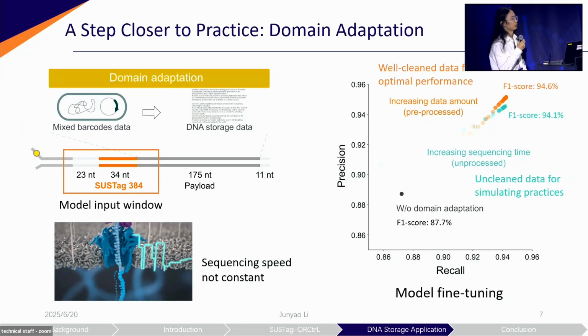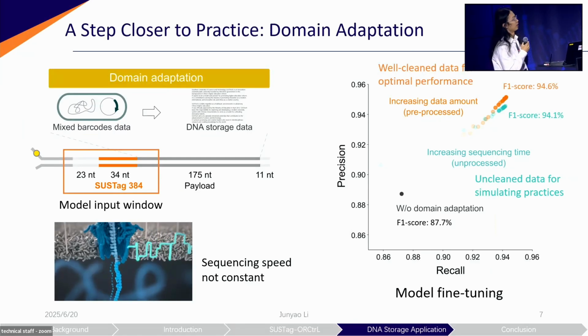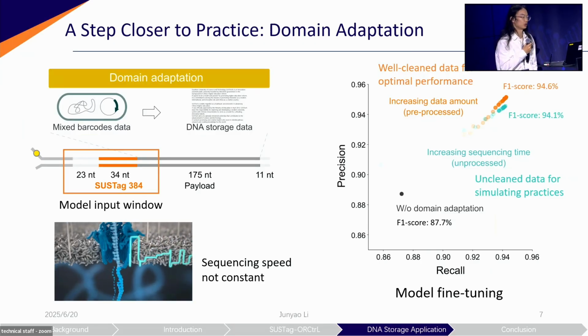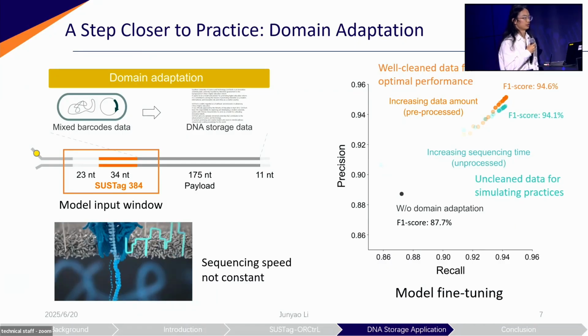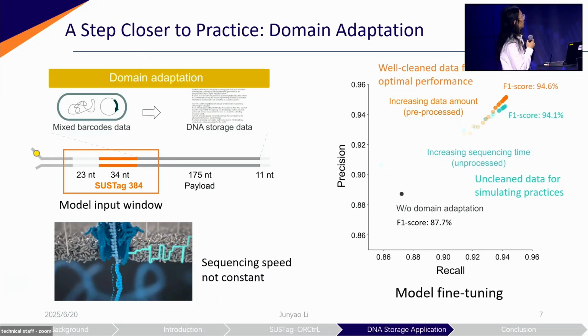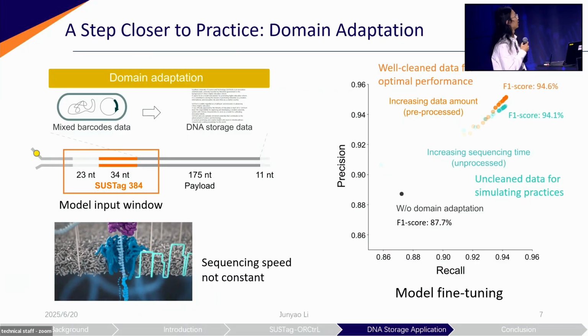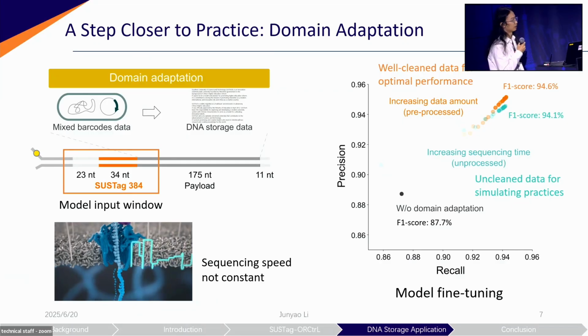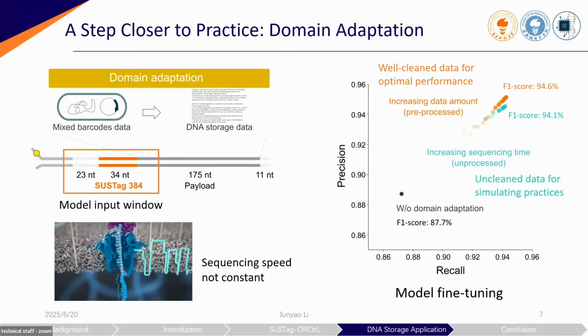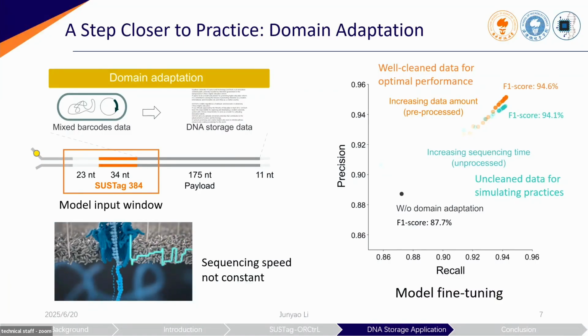Models pre-trained in the laboratory must be applied to real-world applications. This brings us to the key challenge, domain adaptation. Because the sequencing speed is not constant but the input window of our deep learning model is a fixed length, the model sees not only the tag signatures we designed, but also the payload DNA signatures.